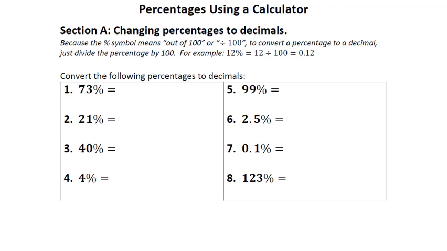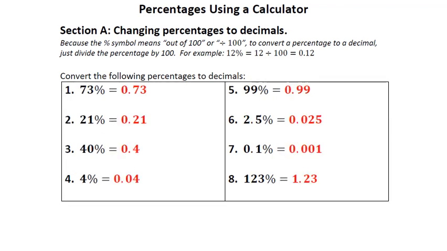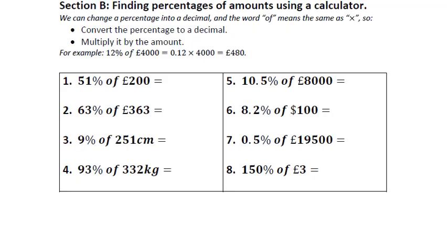Often though, what we use it for is to calculate a percentage increase. If I have all of something and then you give me a bit more of that thing, if I have £1,000 and you pay me 5% interest, so you give me £50, now I have £1,050, which is 105% of what I had. That's what we're going to get onto next.